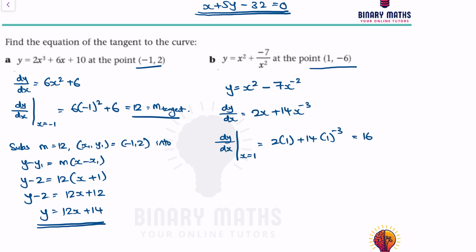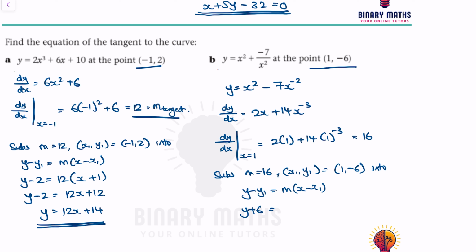I have a point and I have the gradient, so I can substitute m equals 16 and x1, y1 is equal to 1, minus 6 into y minus y1 is equal to m times x minus x1, which means I get y plus 6 is equal to 16 times x minus 1, which means I get y plus 6 is equal to 16x minus 16, which means y is equal to 16x minus 22.